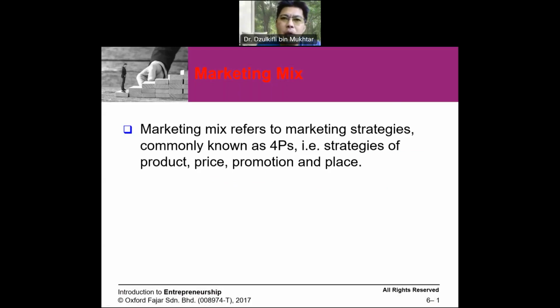Kita percaya bahawa marketing untuk startup ni sedikit berbeza. It's kind of different between startup and also growing company, whereby for startup is more or less to make yourself visible and people know about you. And definitely we are talking about product, price, promotion and place.